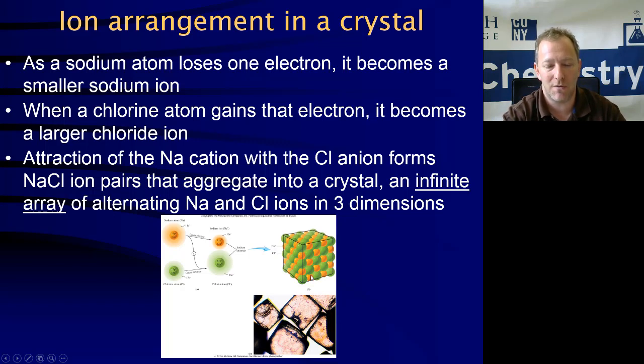extended 3-dimensional array. We don't talk about small numbers of these things. A theoretical chemist, a friend of mine at the Cooper Union, Robert Topper, came and gave a talk here at QCC a while back. He does theoretical studies of what would happen if you only had 10 sodium cations and 10 chloride anions. And the answer is weird things happen when you only have a few of them.